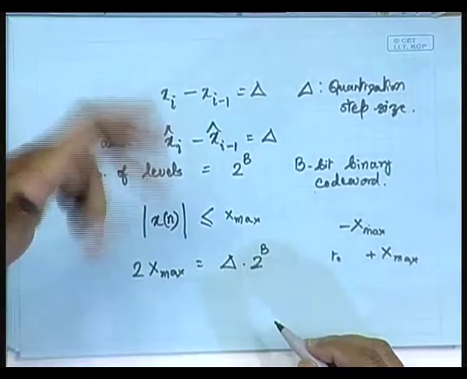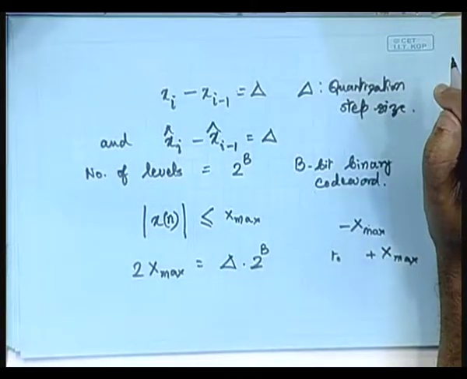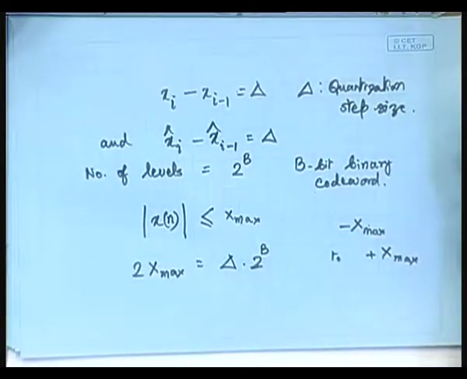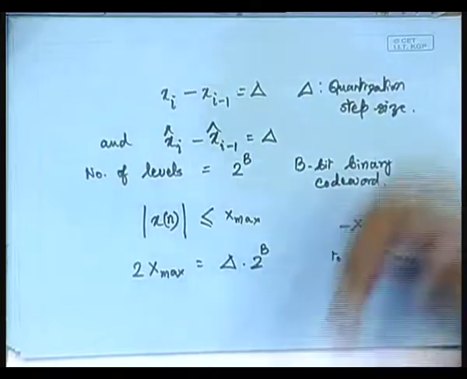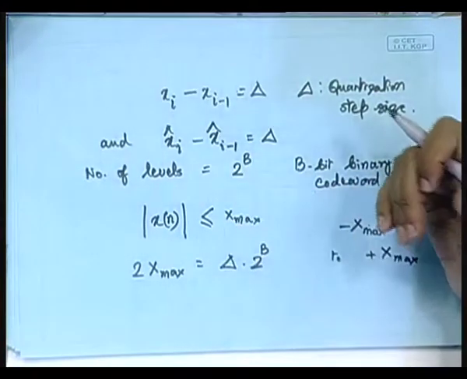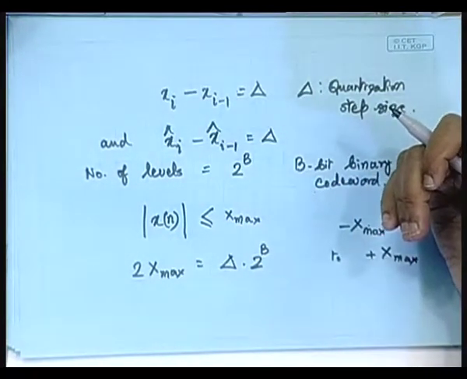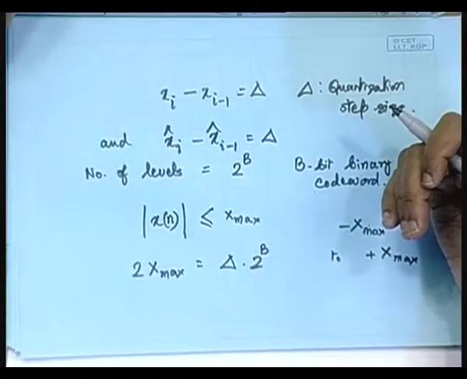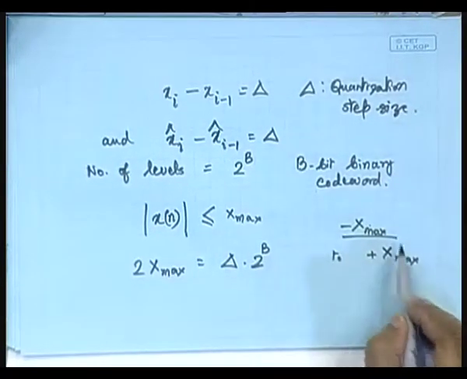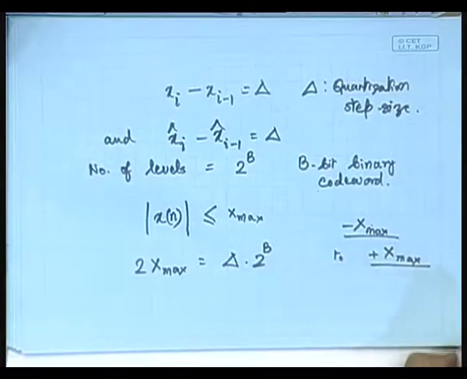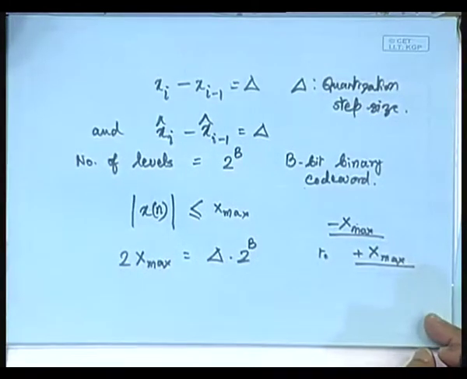What is delta into 2 to the power b indicating? Delta being one step size and 2 to the power b being the number of total steps, delta into 2 to the power b is nothing but the overall range of the signal, which we have assumed to be 2 x max, if the variation is from minus x max to plus x max, as we just now said.